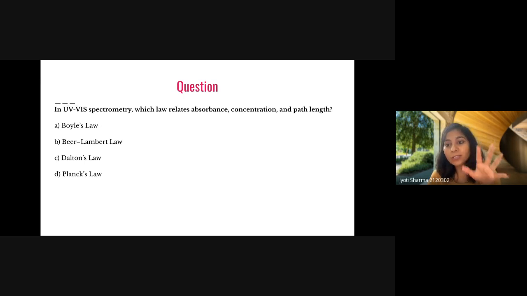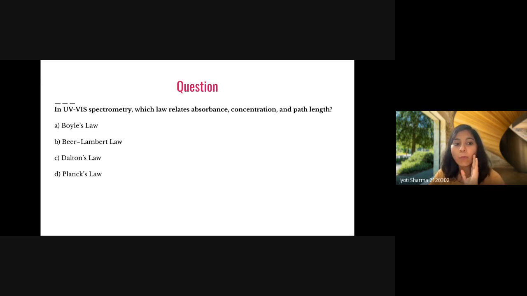To know the concentration we need spectrometry. Spectrometry means we are taking the help of radiation and the interaction property of radiation with the sample, and based on that we can tell the concentration of that particular chemical in the sample.